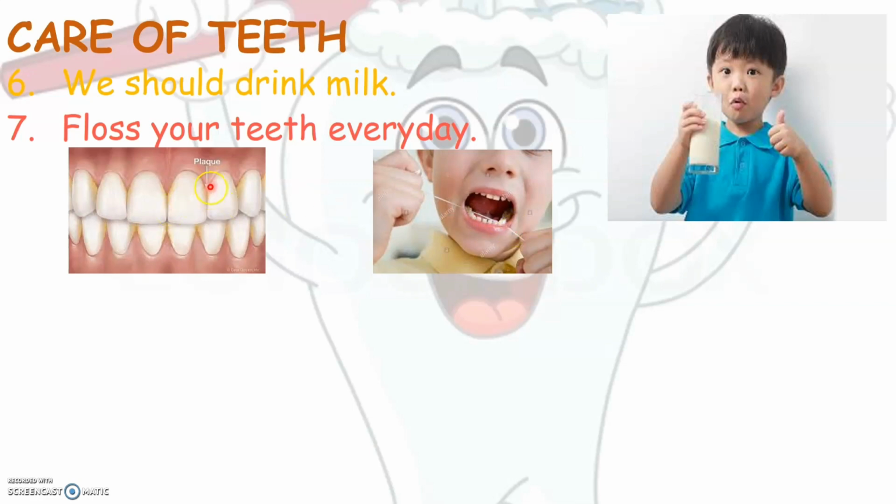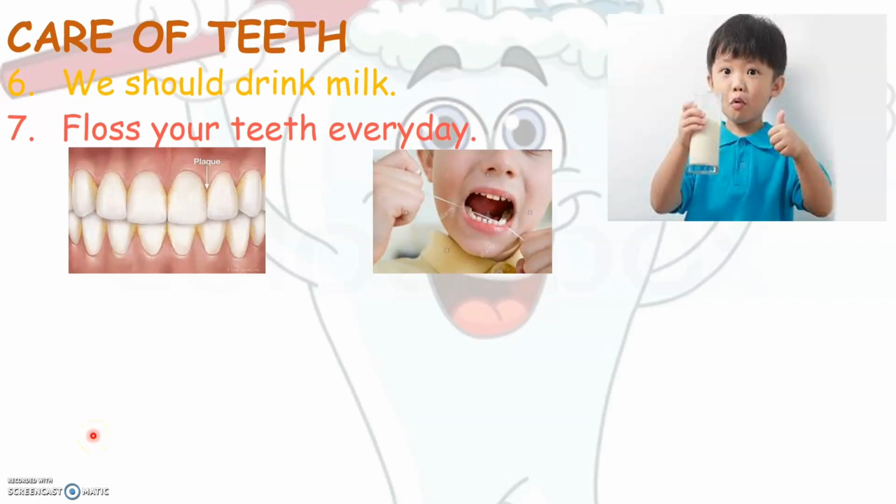Now do you see plaque here that is formed at the edges of the teeth? If you floss your teeth every day, you can prevent the formation of plaque on your teeth. And therefore, it is very important that we floss our teeth every day.